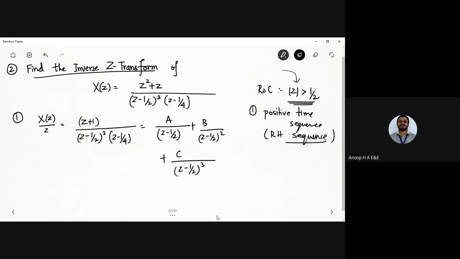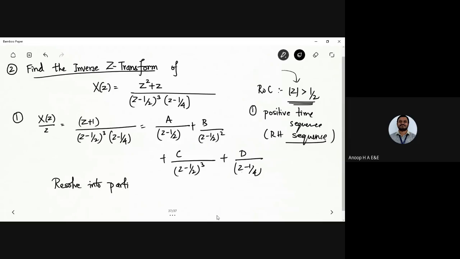That's how I can write this expression in order to resolve into partial fractions.